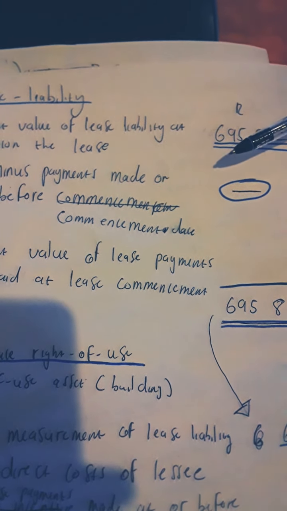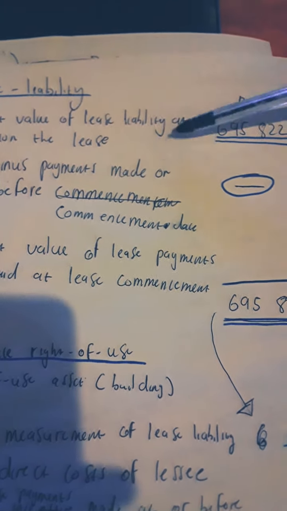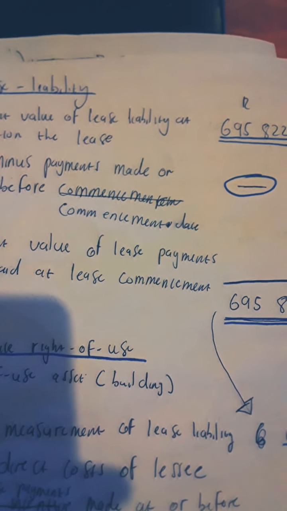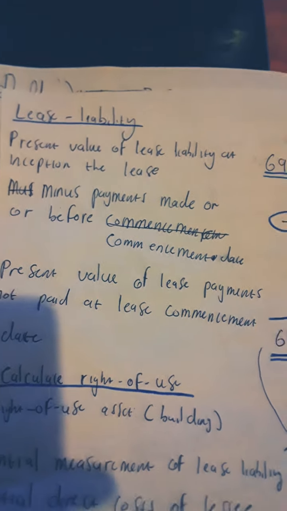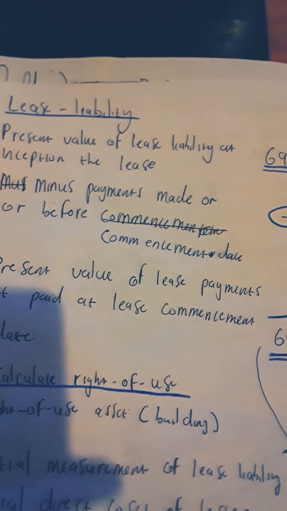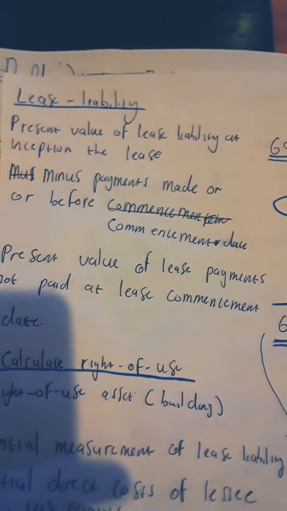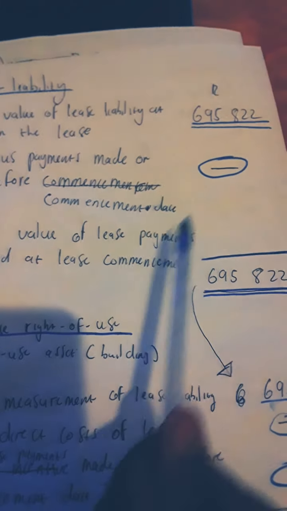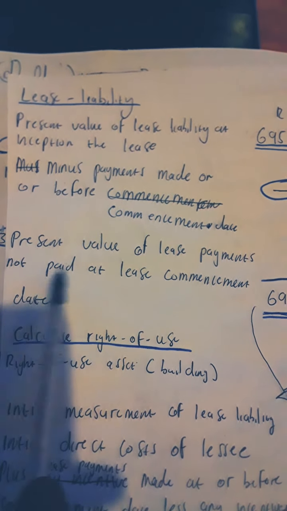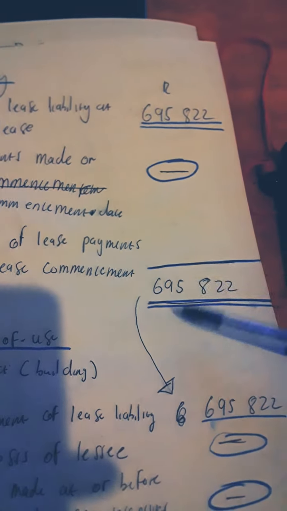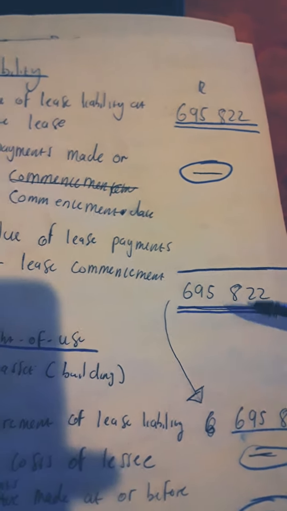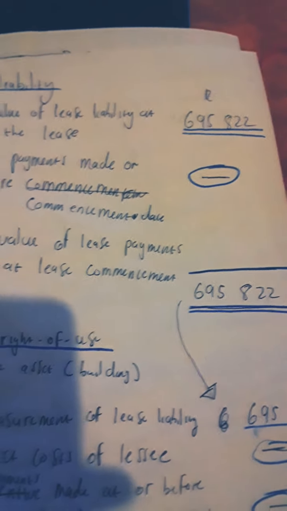Now, these are payments that could have been made during a period before which the lease has commenced. So we do not get any information about any payments that were made before commencement date, right? And then that means we have a blank there. Present value of lease payments not paid at lease commencement still remains at 695,822 because nothing has really changed there.